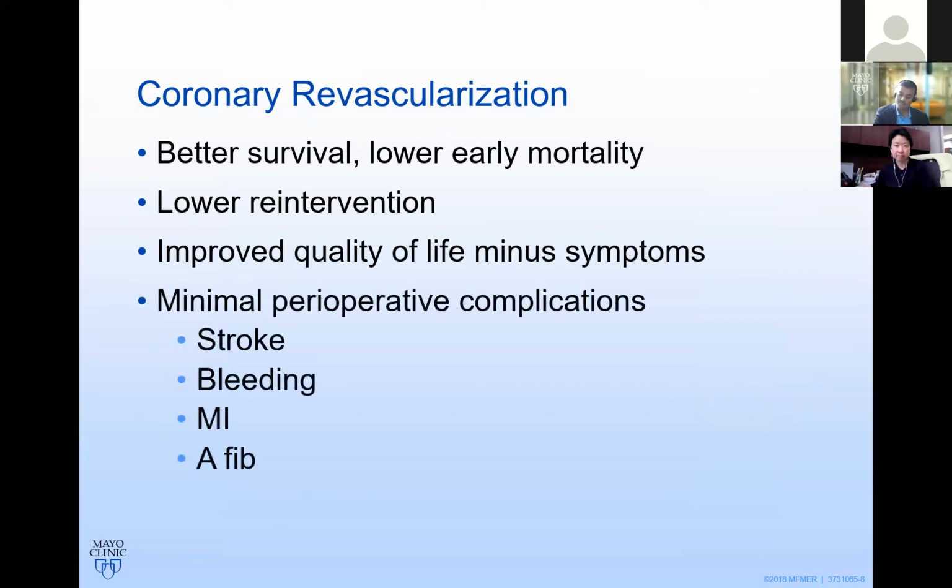After surgery or any intervention, we do not want any of the risks that go with it, like stroke, bleeding, heart attack, or any rhythm issues. And last but not least, we want to make sure that we don't create a big incision. We can approach in a minimally invasive fashion without causing a big scar, just through a small poke.